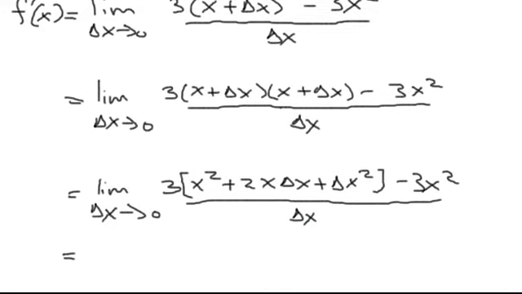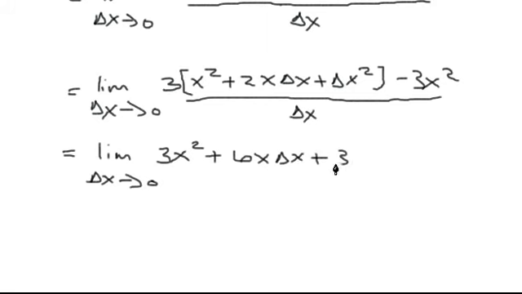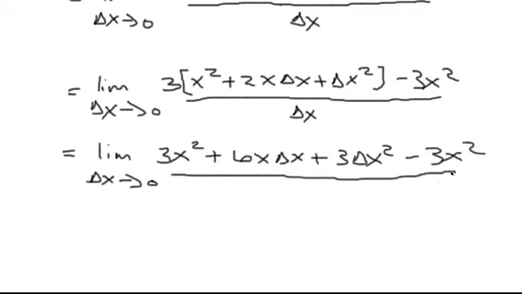Well, no sense in skipping any steps, because that's where I normally lose people if I skip steps. So we have 3x squared plus 6x delta x plus 3 delta x squared minus 3x squared, and of course that's all over delta x.